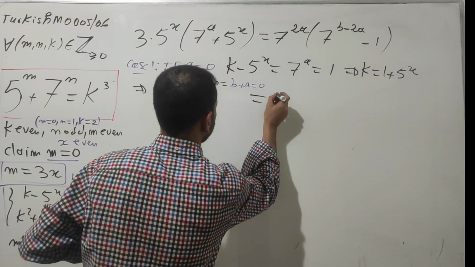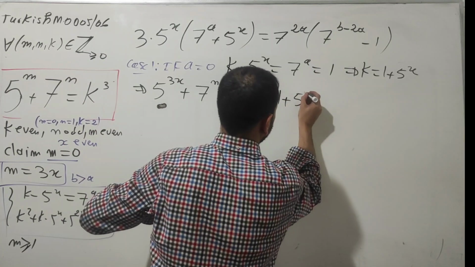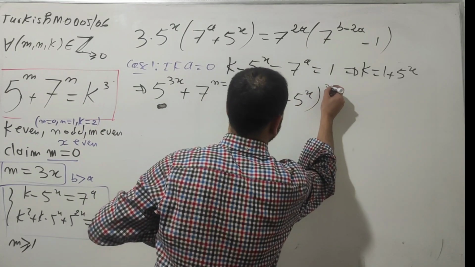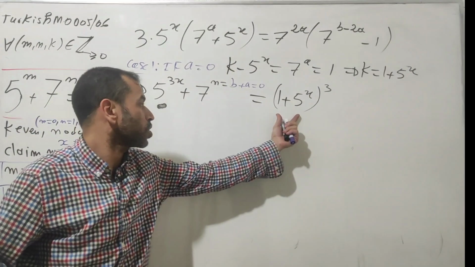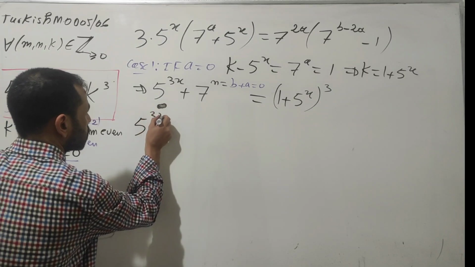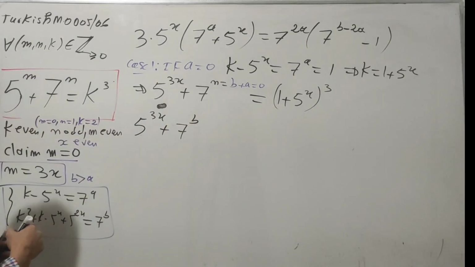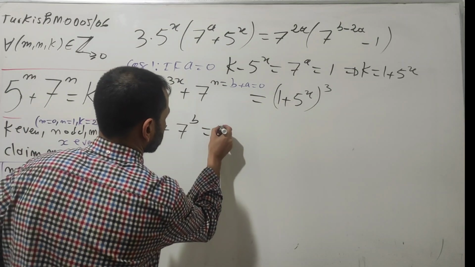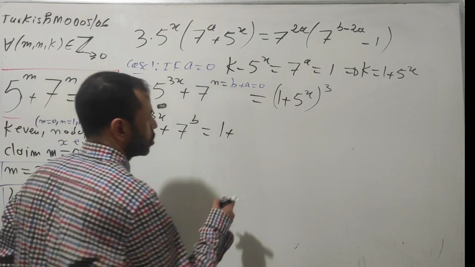Which equals k cubed, which is going to be replaced with this one, 1 plus 5 to the x, all raised to the 3 as a power, okay? I'm going to apply the binomial expansion on this one. So I get here 5 to the 3x plus 7 to the b, okay? Which equals 1 plus, I'm going to use the binomial expansion here.